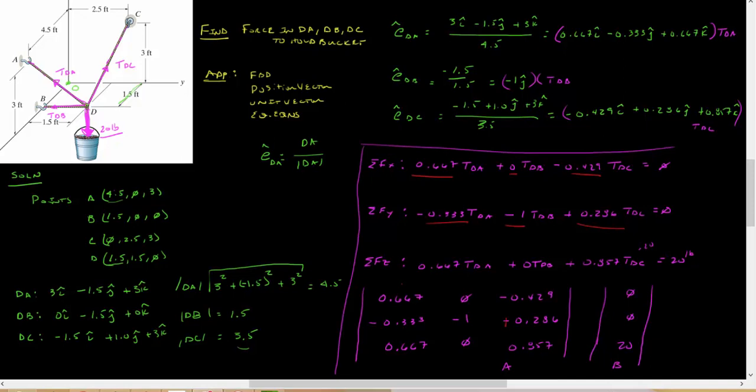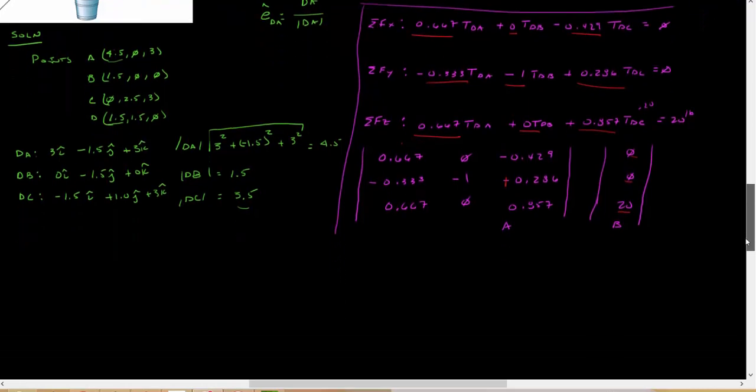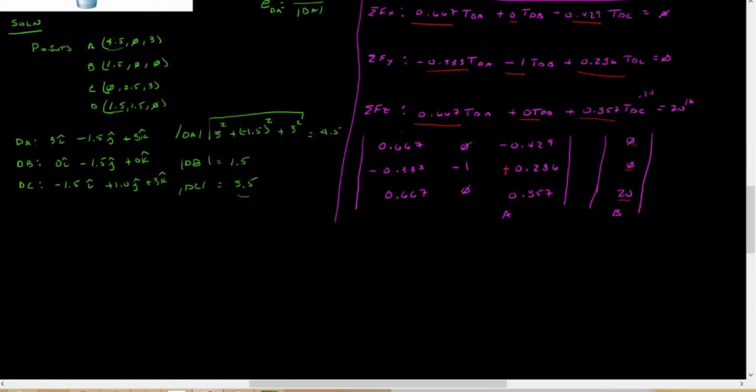So going back and checking is always a great thing, because I would have messed that up pretty good. So this is 0.667, that would be 0, this would be 0.857, and then this was 20, and this was 0 and 0 here. Okay, good.